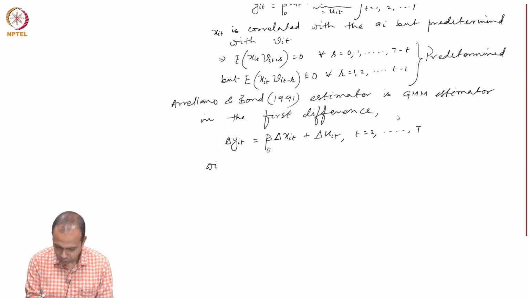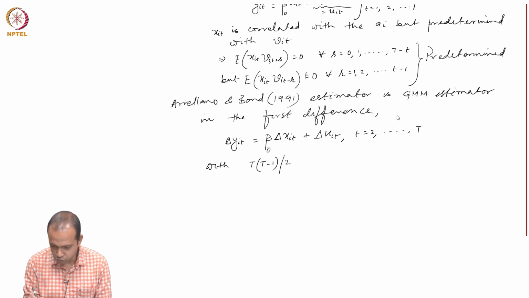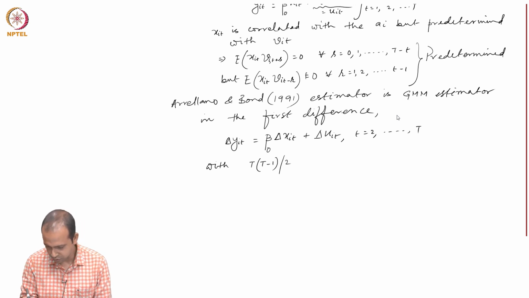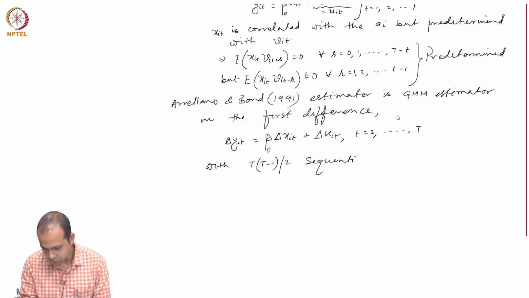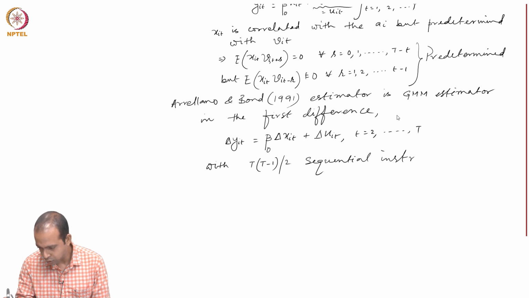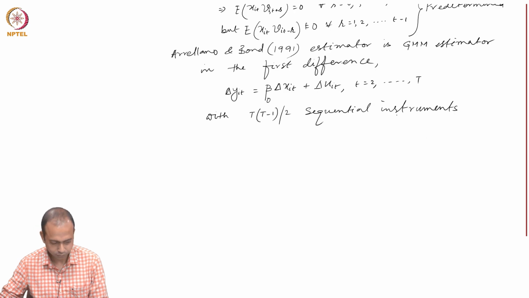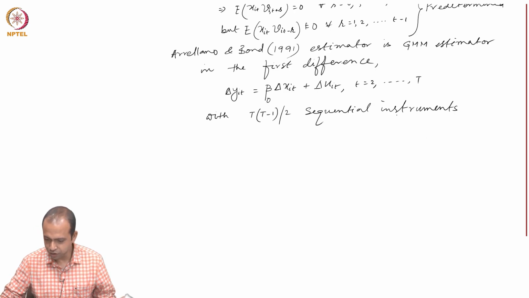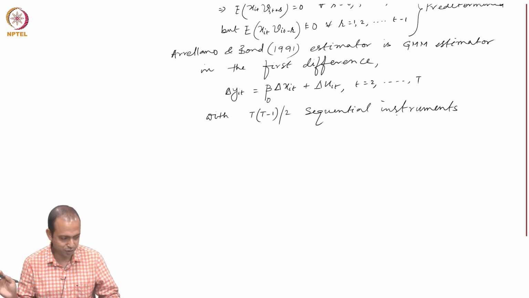With t into t minus 1 divided by 2 sequential instruments. T into t minus 1 by 2 sequential instruments that we are using.